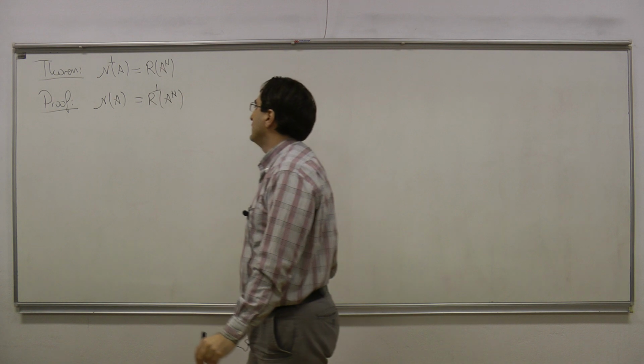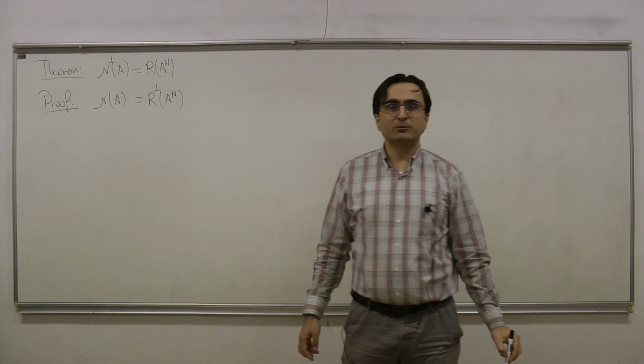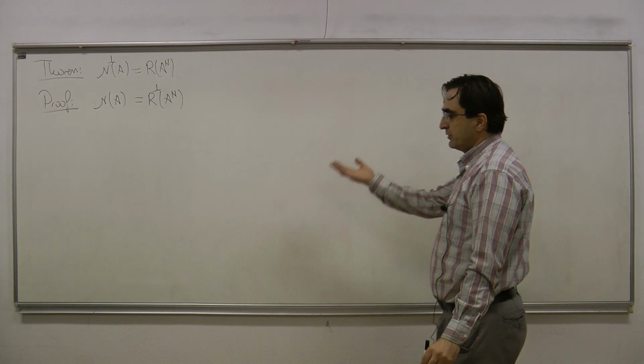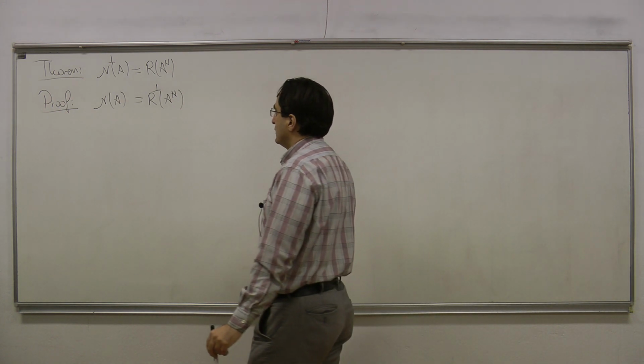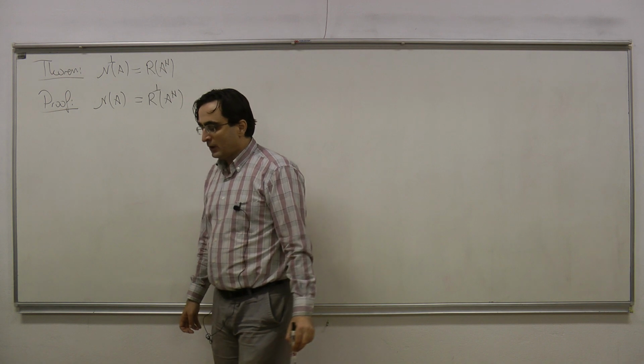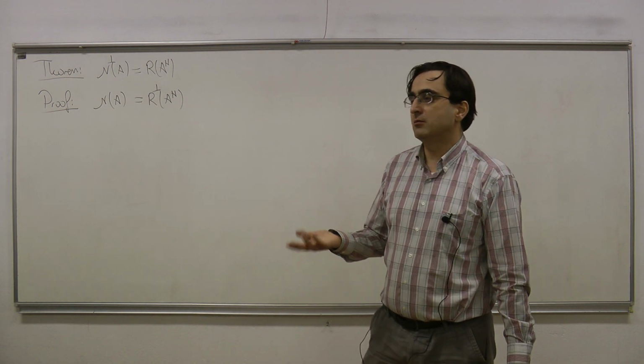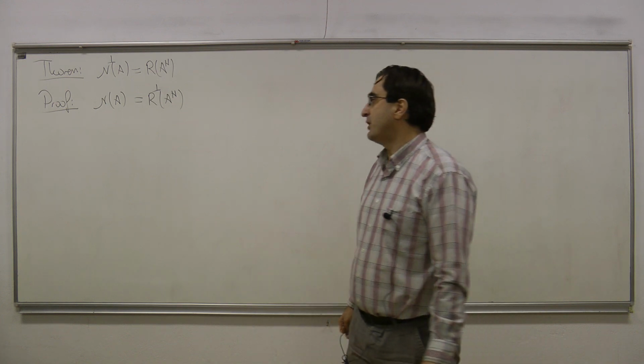Okay? I have taken the orthogonal complement of both sides, which gave me an equivalent statement, but which is much easier to prove. So before I start with the proof, I'm going to give you some facts.